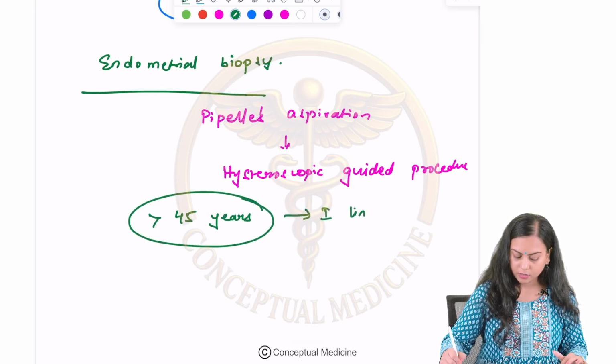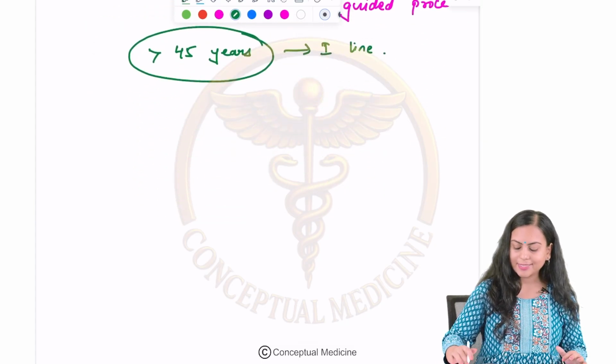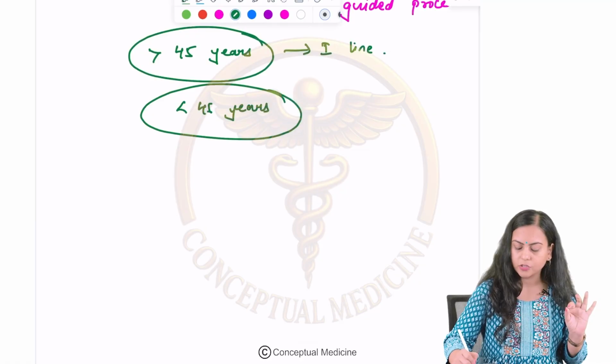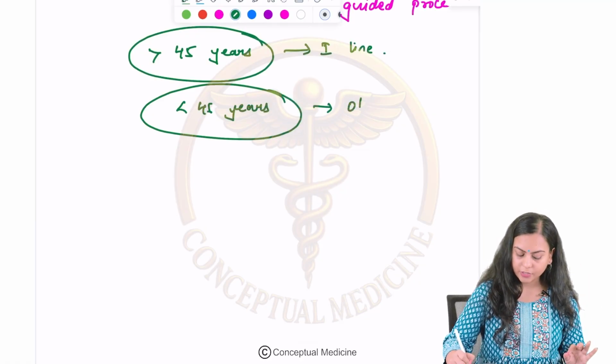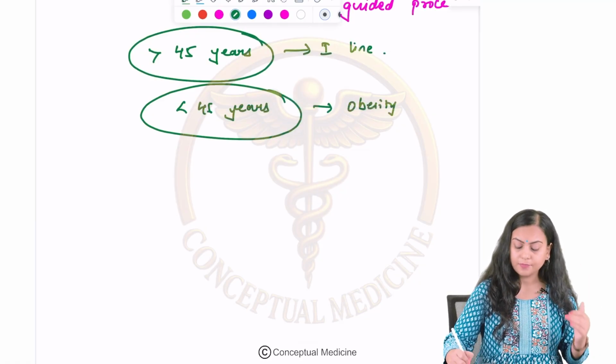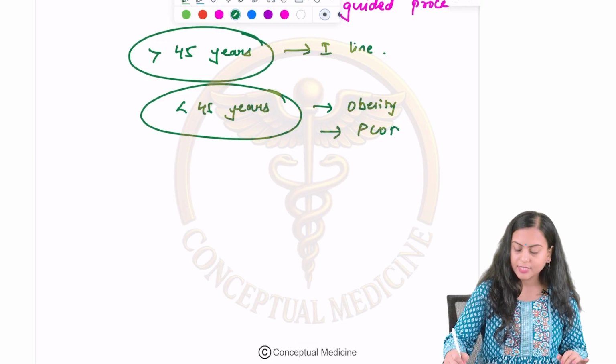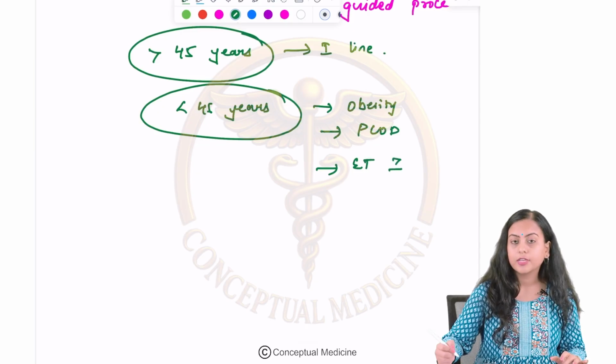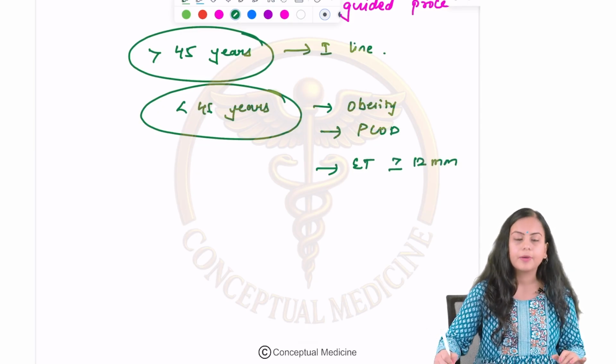Okay, whereas in less than 45 years, since it is an invasive procedure, we are offering it only when she has obesity or polycystic ovarian disease, or when the endometrial thickness is more than or equal to 12 mm.